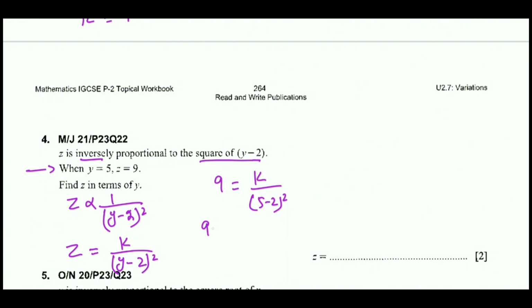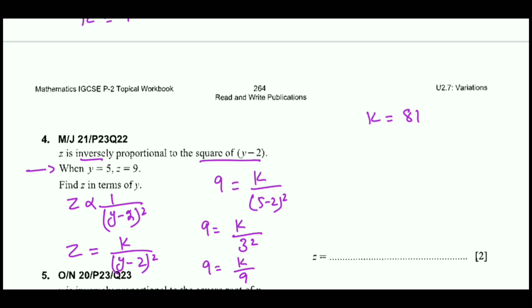So 9 is equal to k over 3 square. 9 is equal to k over 9, and the value of k is 9 nines are 81. So our answer will be 81.